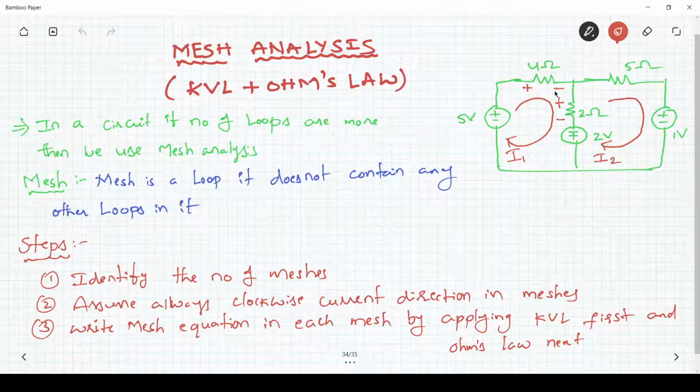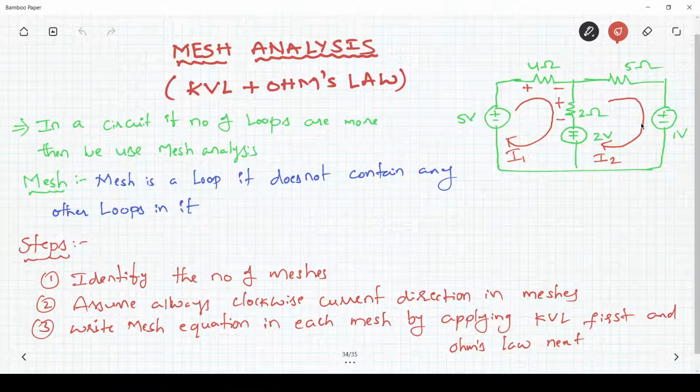Now we are moving towards the 2 ohm resistance. Current is entering at the positive sign of the 2 ohm resistor. This is a common element. The 2 ohm resistor is a common element between mesh 1 and mesh 2.